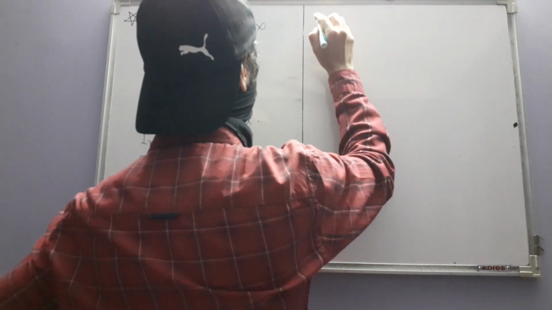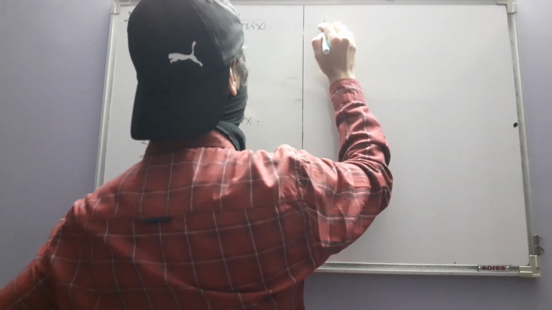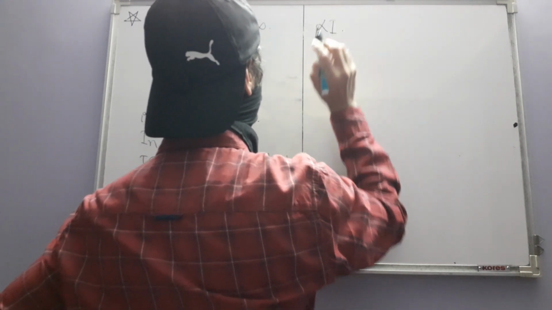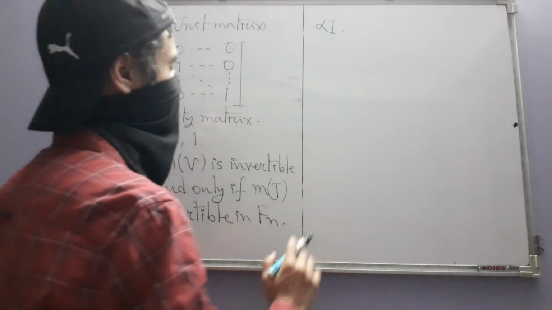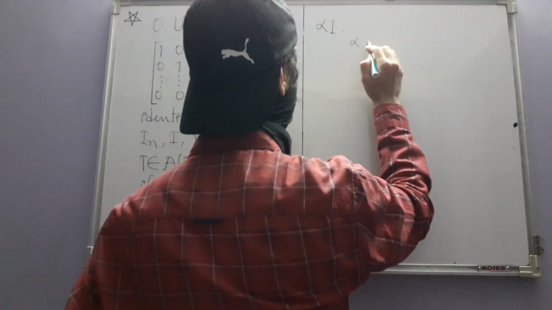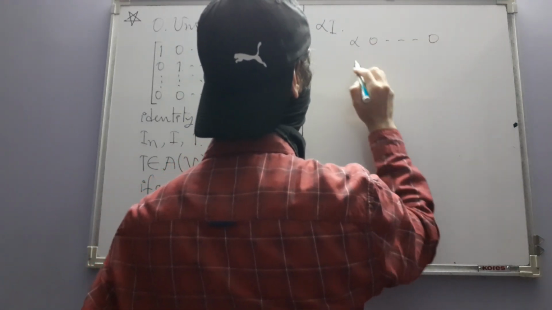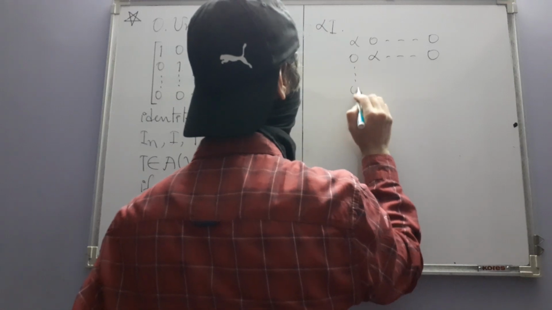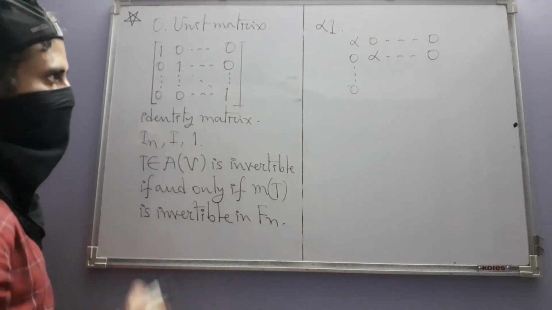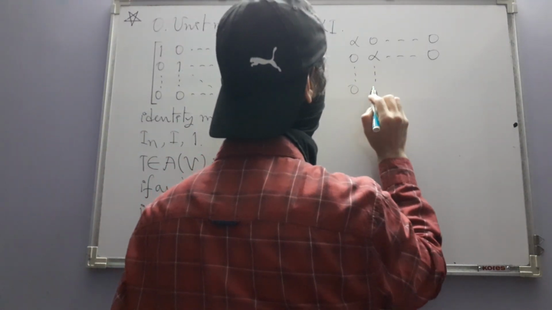That is, if you consider a scalar alpha from the underlying field, you can then consider the operator alpha I. It turns out that the matrix of alpha I with respect to your given basis looks like this, where the leading diagonal entries are all alpha. Here they were 1, here they are alpha.